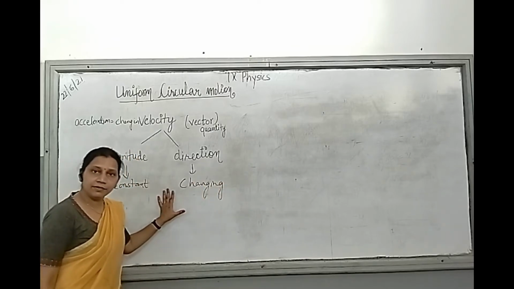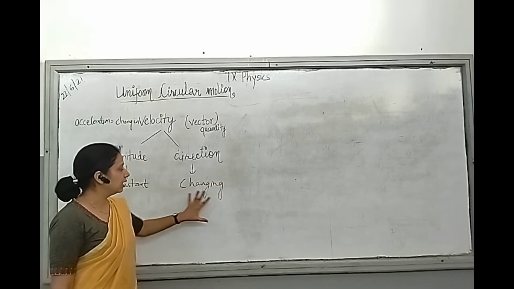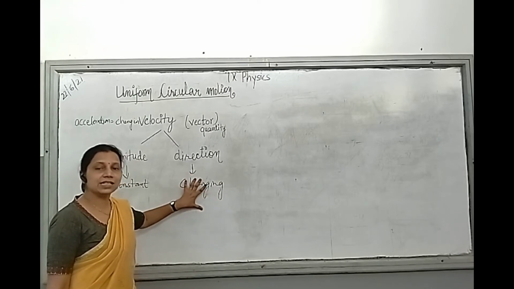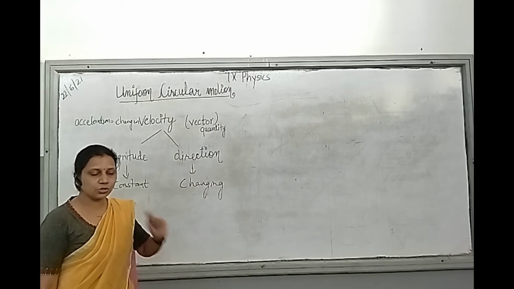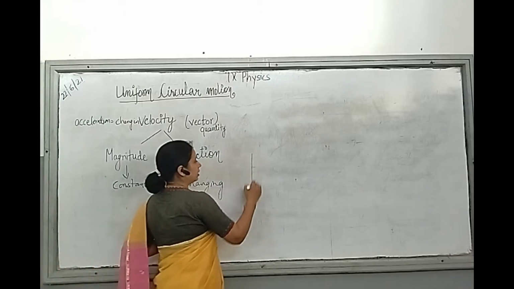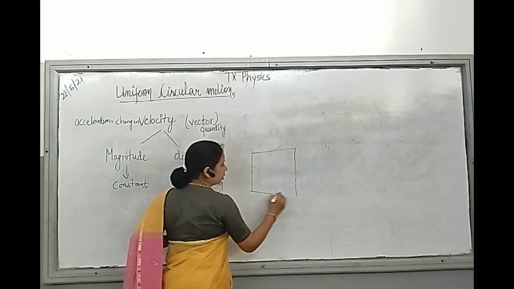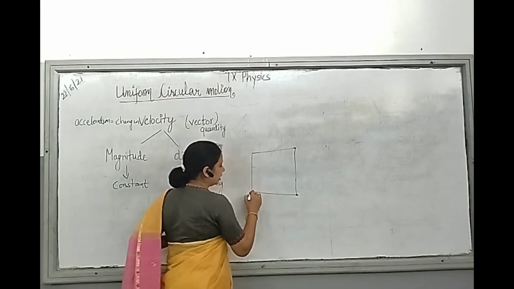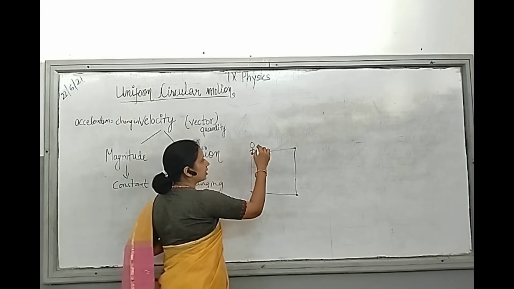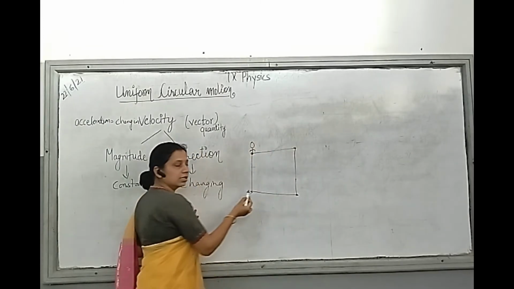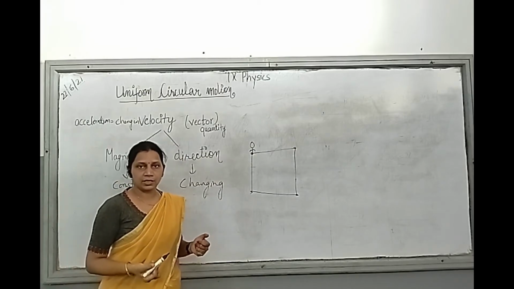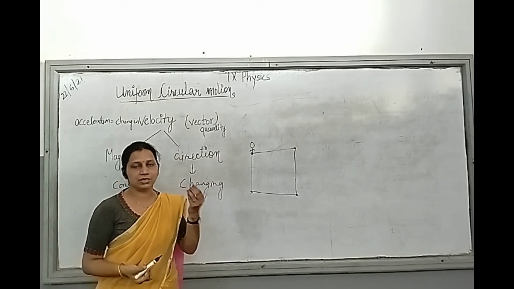So if magnitude is constant, that means it is not changing, but direction is changing, then acceleration is there in this case also. You can understand this by one simple example. Let's say you have a square track. So you have 4 corners here, right? And a boy is standing over here and starts running with some constant speed. That means he is running with the same speed.